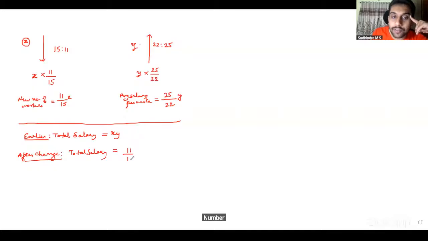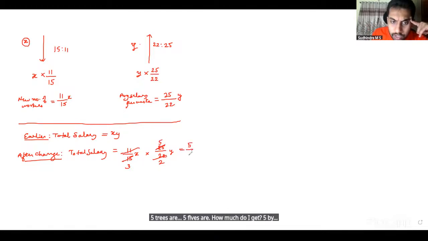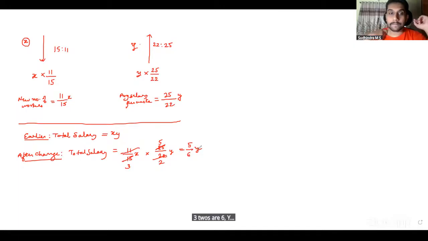The number of workers is 11 by 15 x, and the average salary per worker is 25 by 22 y. 11 ones are 11, 11 twos are 22, 5 threes are 15, 5 fives are 25. How much do I get? 5 by 6, x into y.